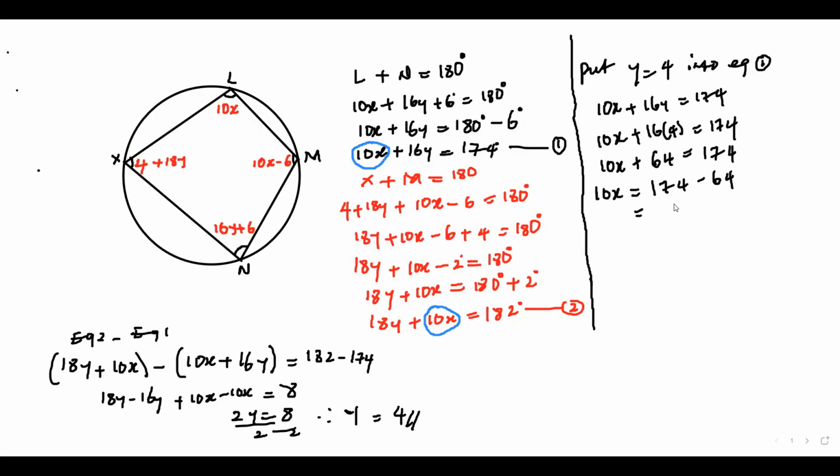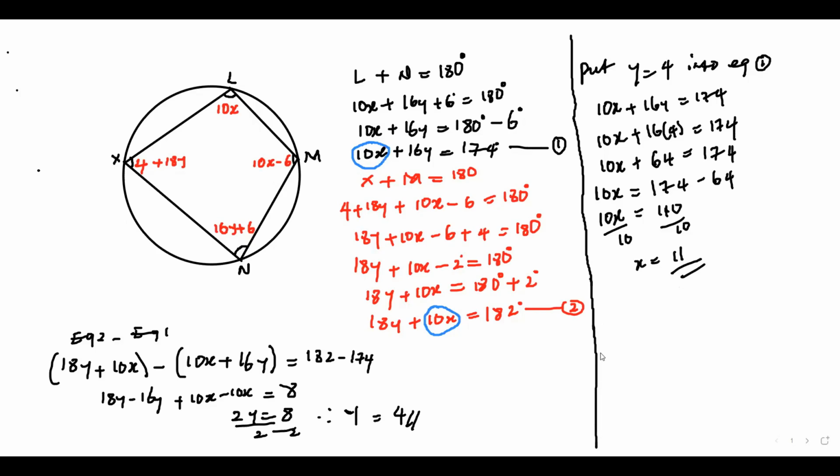All right, so this gives us 4 goes 6 1, and we have 110. So x is, finally, if you divide both sides by 10, x is equal to 11. X is equal to 11 here.